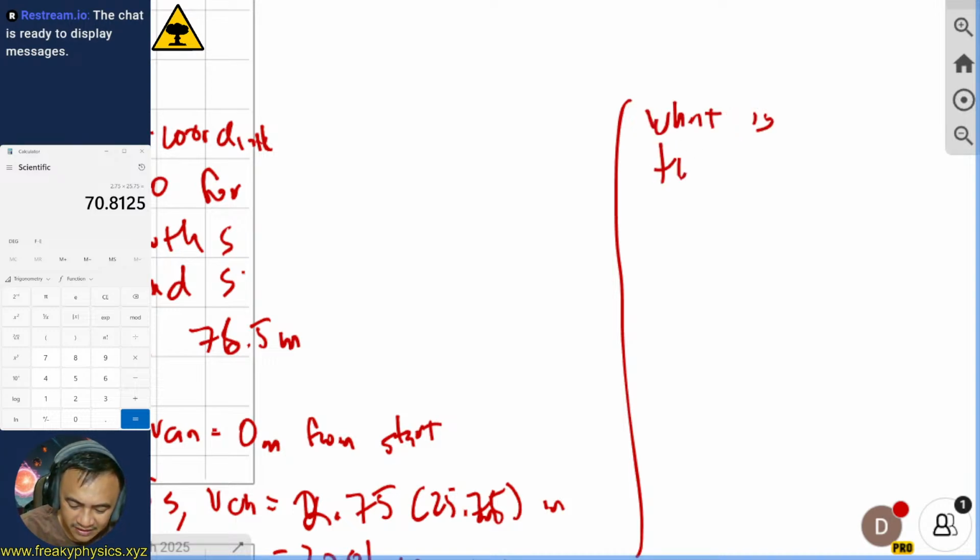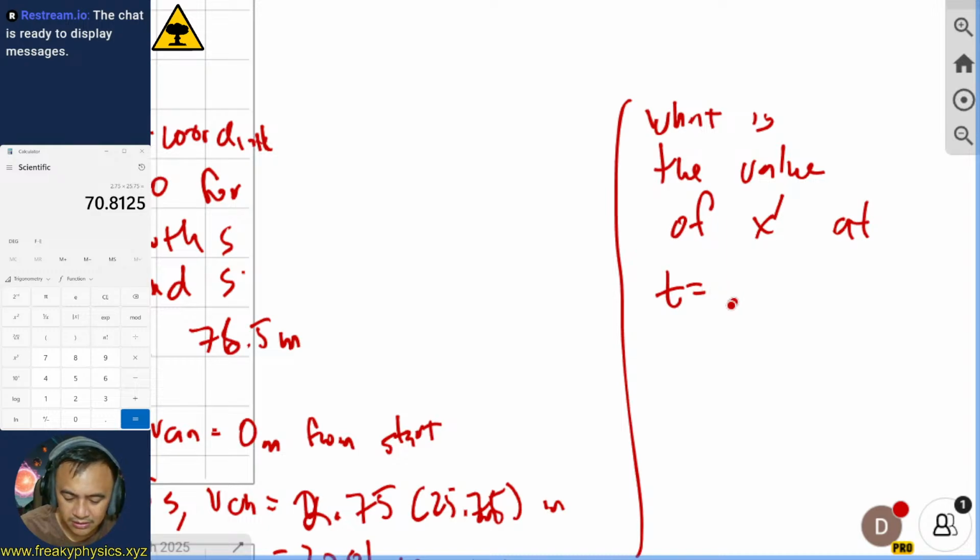What is the value of x prime at t equals 2.75 seconds?